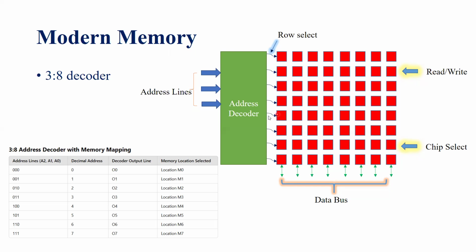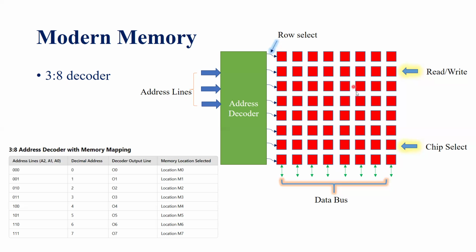Basically, memory has n number of address lines, and those address lines tell us the location inside the memory where the data is stored.